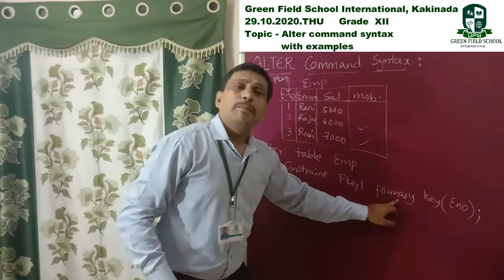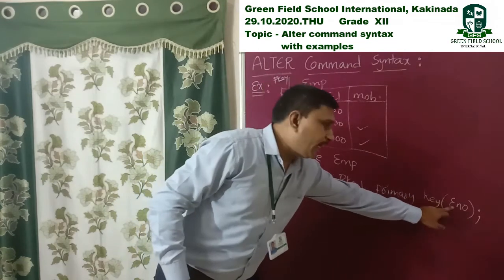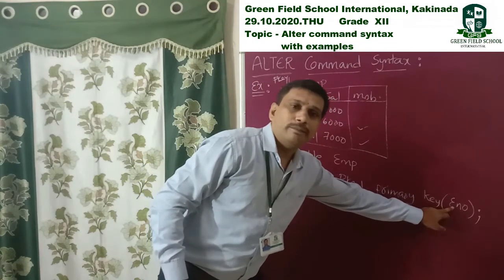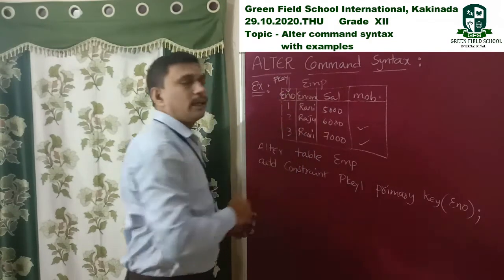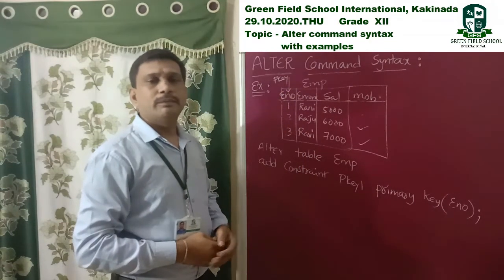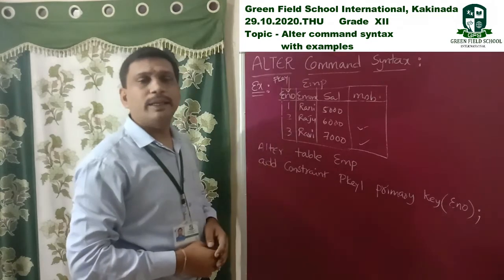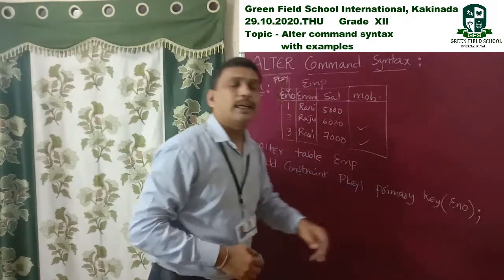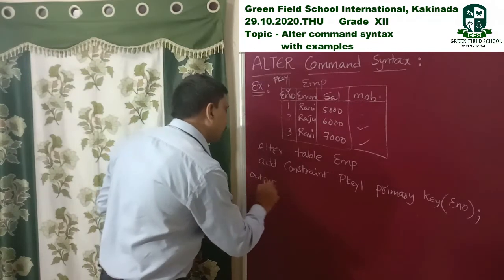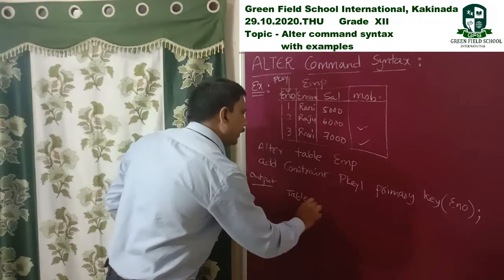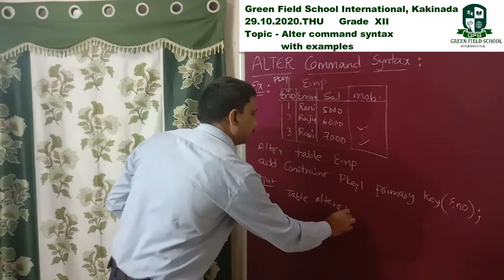I add a primary key constraint with the column name, for this employee number column. I specify this column as a primary key. That's why I specify the primary key column name. Then it displays the output: table altered.